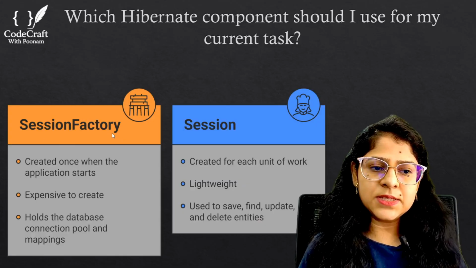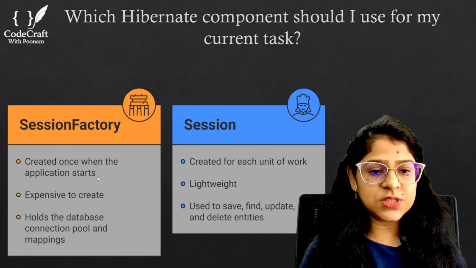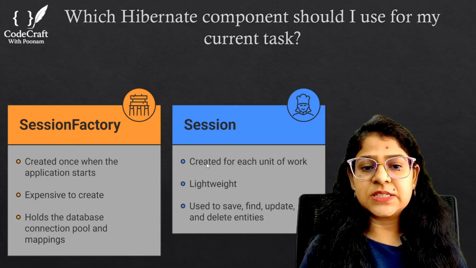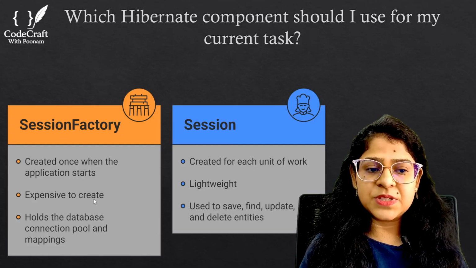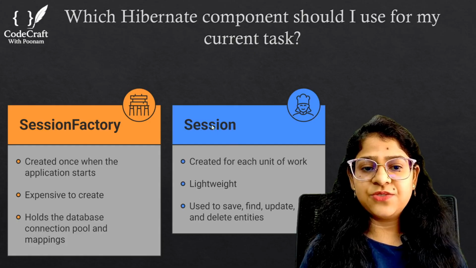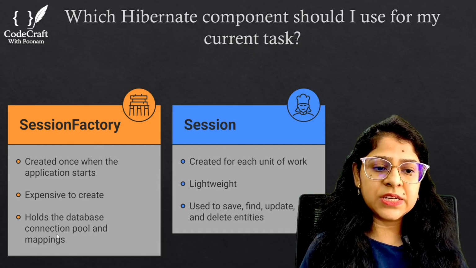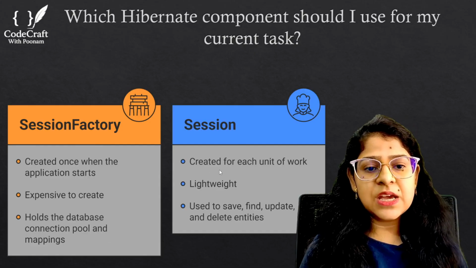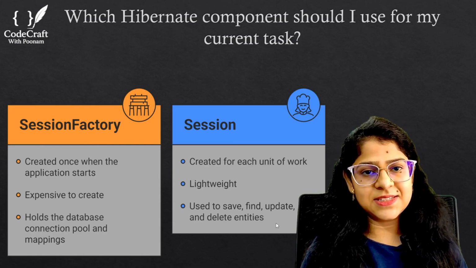So SessionFactory is created once when the application starts, whereas Session is created for each unit of work. SessionFactory is expensive to create, whereas Session is lightweight. SessionFactory holds the database connection pool and mappings, whereas Session is used to save, find, update, and delete entities.